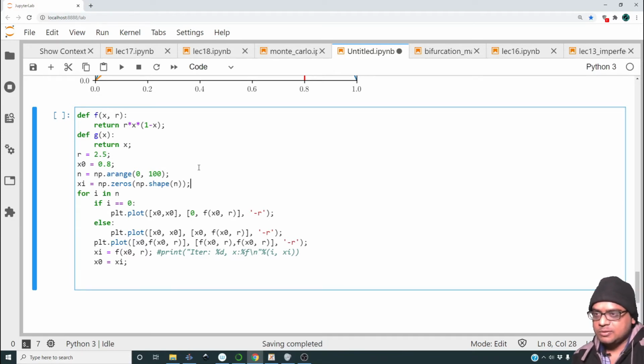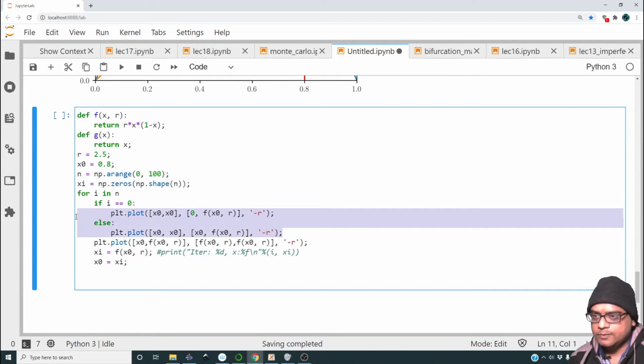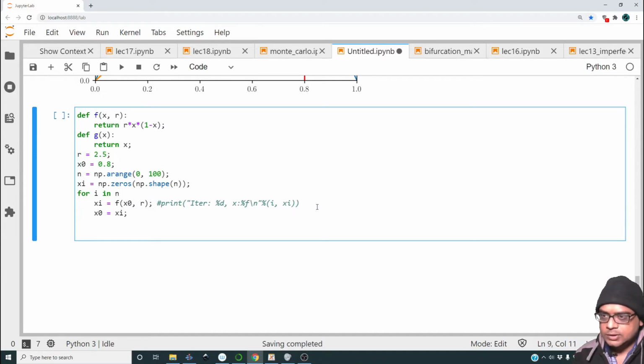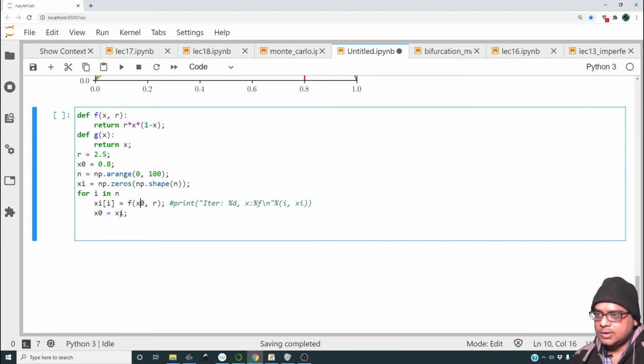So once that happens, we don't need all this plotting anymore, so we can get rid of these lines. We can also get rid of this. All right, and so here I can write xi of i will be xi of i minus 1.